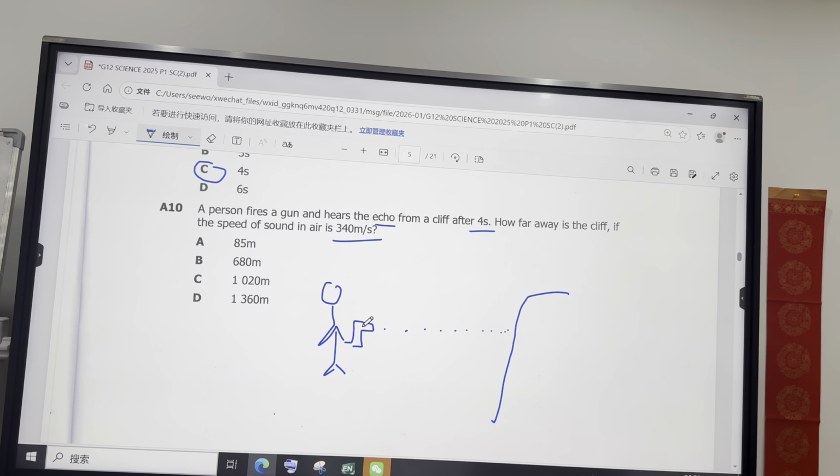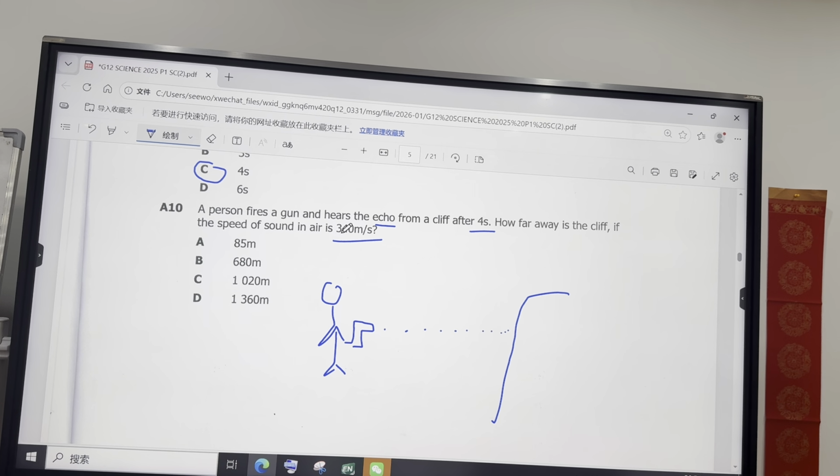It means that this sound wave that was sent has been reflected off the barrier and gone back to the person. That's what we mean by echo. An echo is a sound wave that bounces off a barrier, then goes back to the person. So we're going to hear an echo.